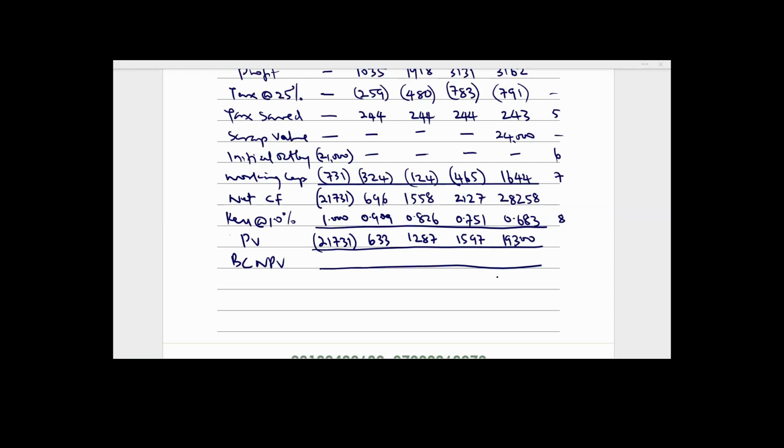So let's confirm the accuracy of our numbers. Something is not tying up. It's supposed to be 1,060, but here I'm having 1,086. So it's supposed to be 1,060. Let's check.